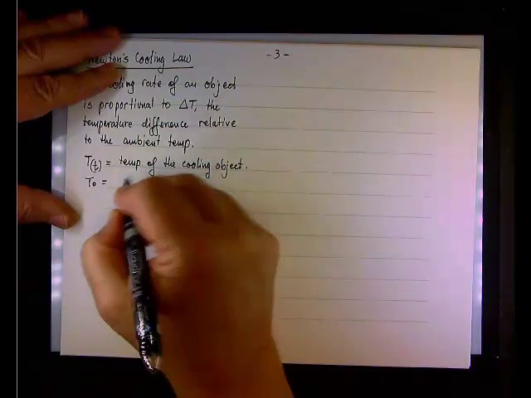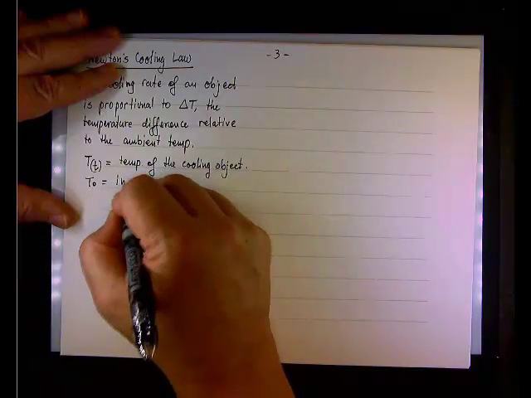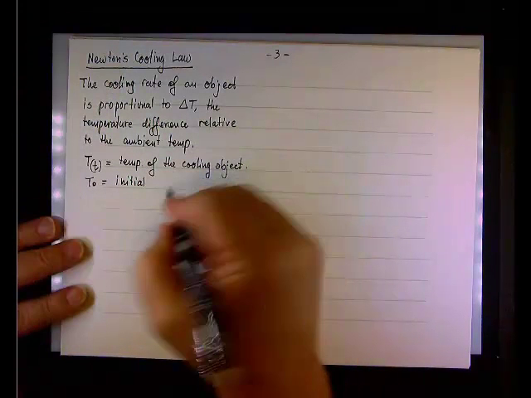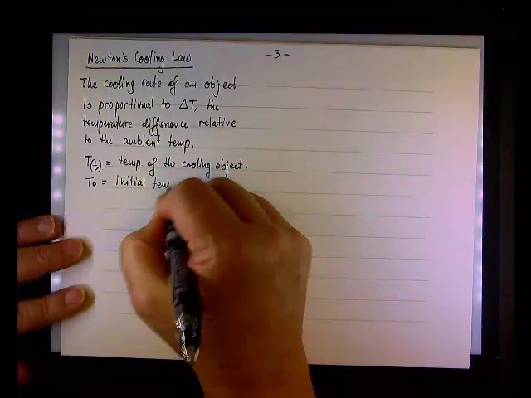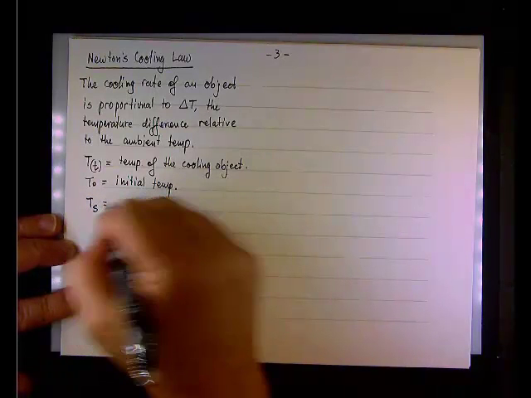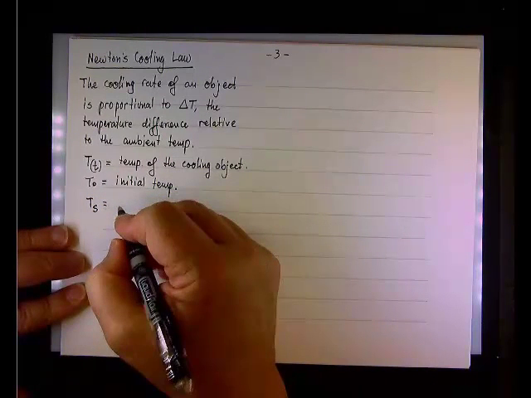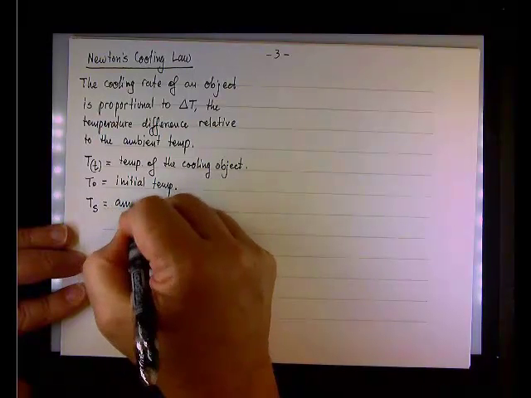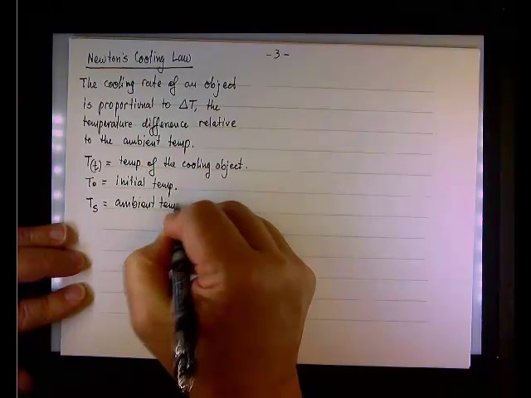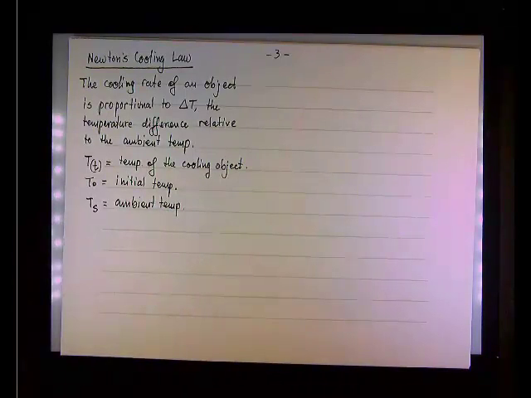In other words, that will be the 350 degrees coming off the oven. And another term will be T sub S. This will denote the ambient temperature, the temperature of the environment. In the example I gave you, this was the room temperature.